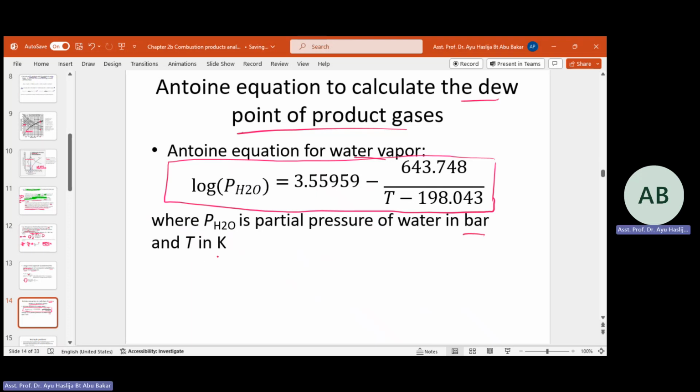Pressure in bar, T in Kelvin. Okay, so always be aware of the unit. Pressure usually akan give in kPa, then you need to convert. Okay, so from here, we need to know what is the temperature.